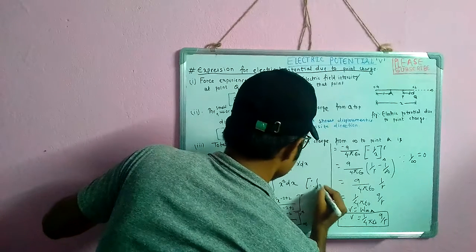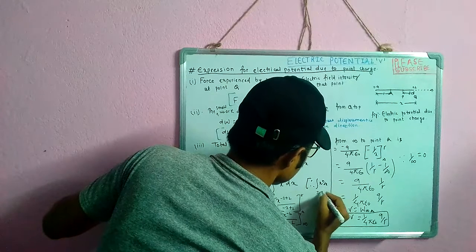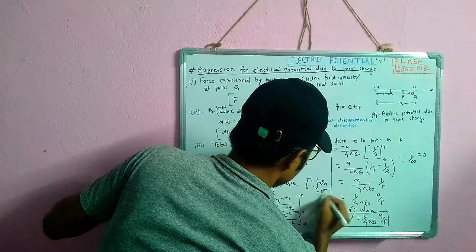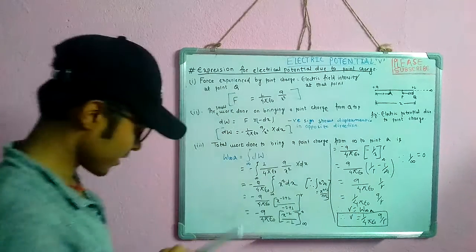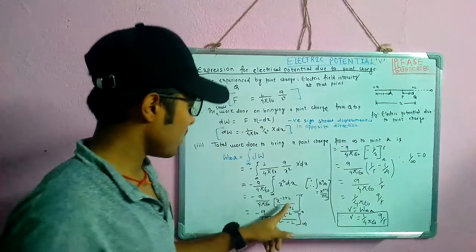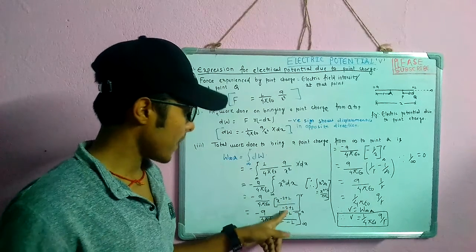If the integration of x to the power n dx is equal to x to the power n plus 1 upon n plus 1, this is just the law of integration formula. We have integrated x to the power minus 2, giving x to the power minus 2 plus 1 upon minus 2 plus 1.